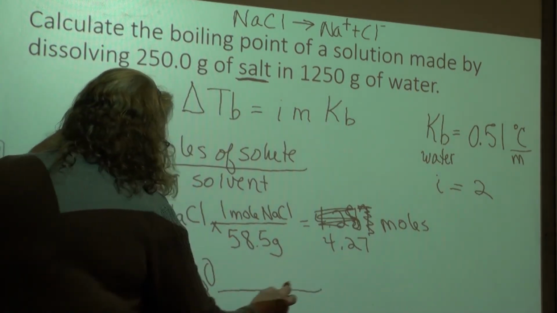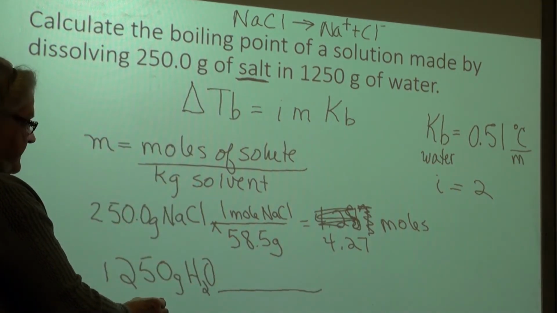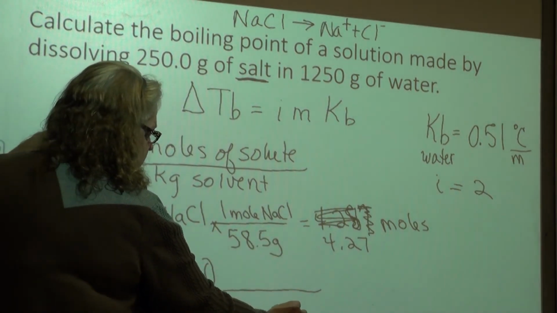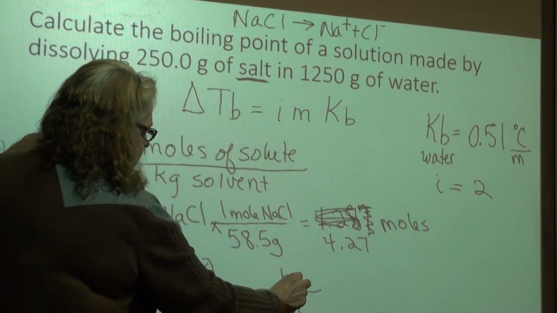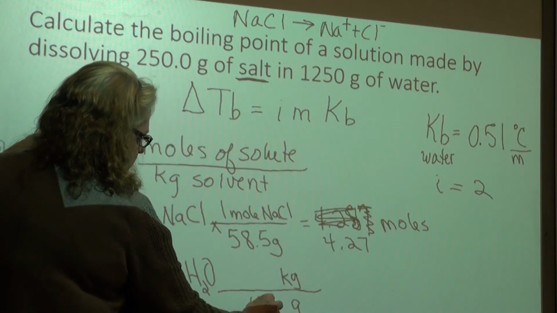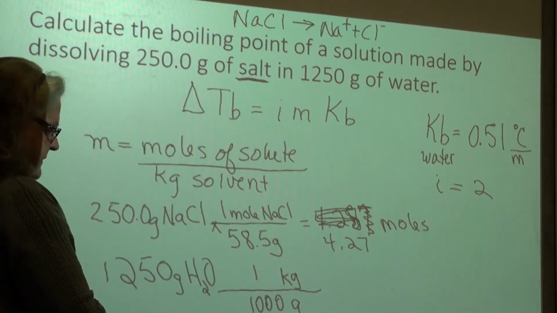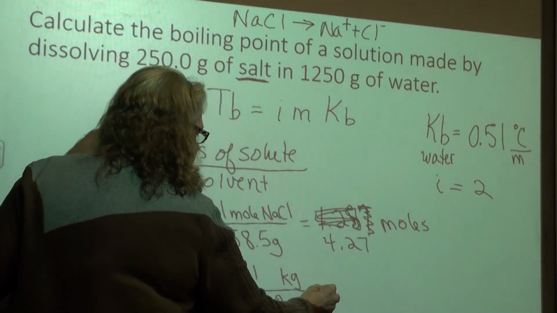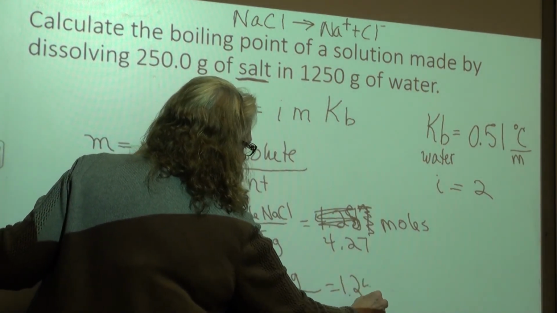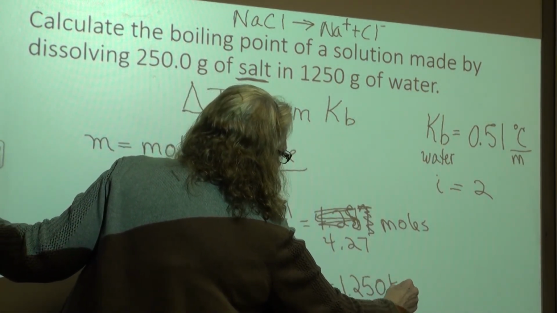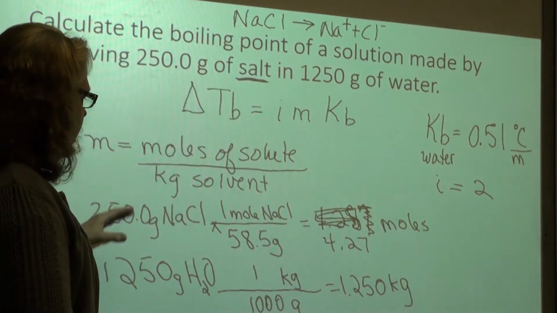All I have to do is change that to kilograms. We did this earlier: grams on the bottom, kilograms on the top. 1,000 grams per kilogram, so I have 1.250 kilograms.